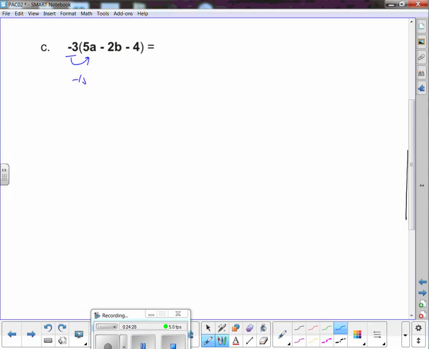Negative 15a plus 6b plus 12. And hopefully that's what everybody got, right? Because that's the correct answer. Negative 15a plus 6b plus 12. Distributing is not hard. You just got to take it one step at a time, and away you go. All right.